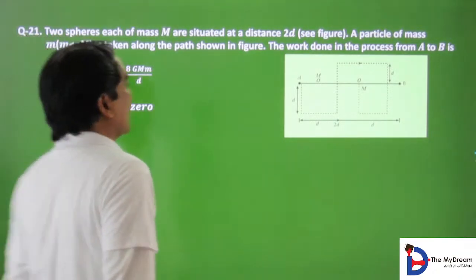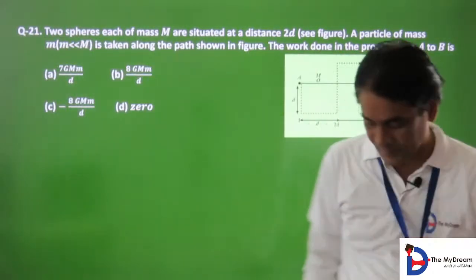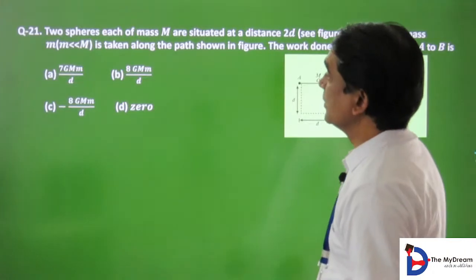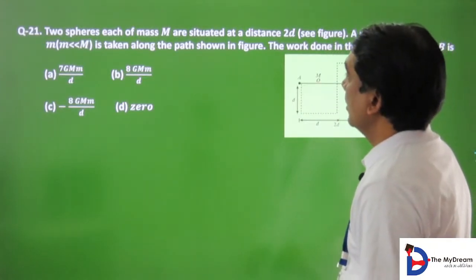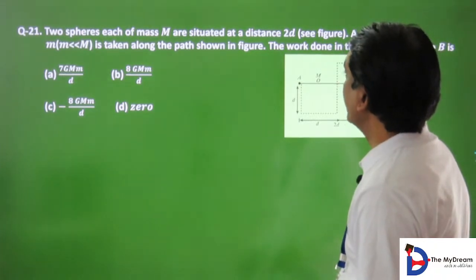Two spheres each of mass capital M are situated at a distance 2d.